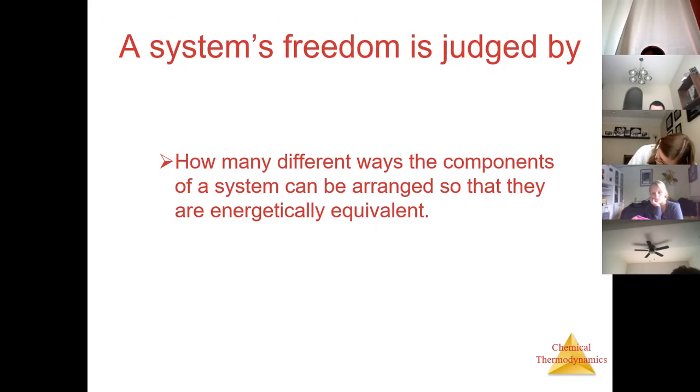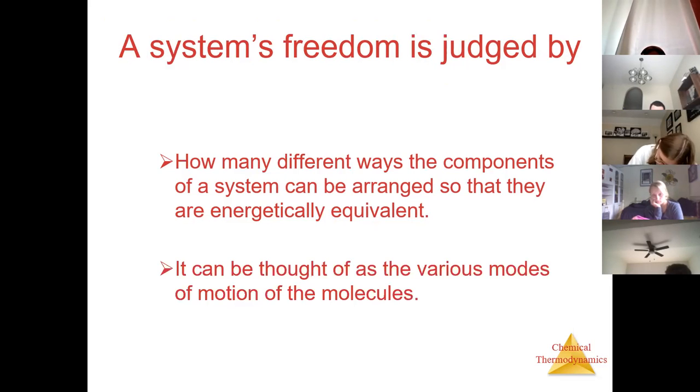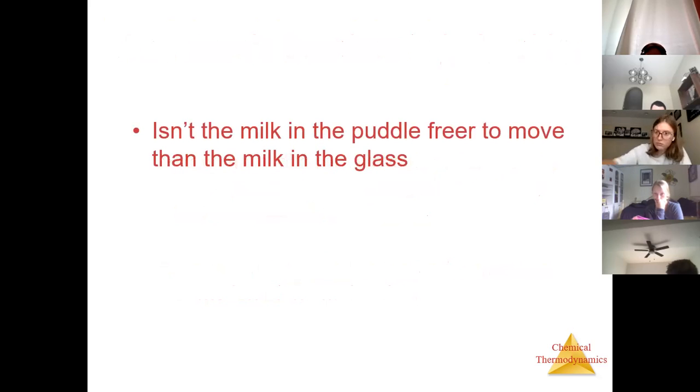They're all sitting in those nice 2 neat rows. Basically, what you can consider are the motions that the molecules have. Again, isn't the puddle of milk freer to move than the milk in the glass?